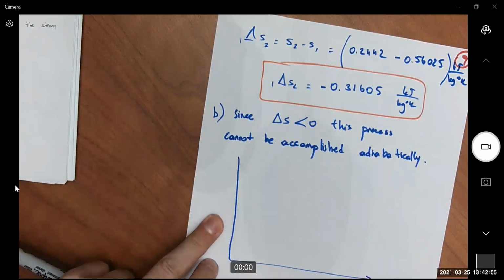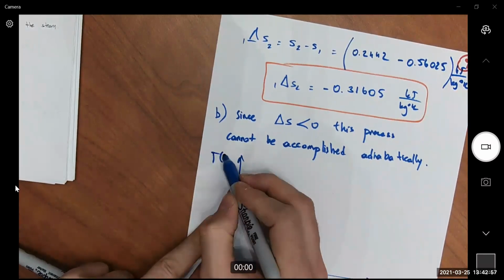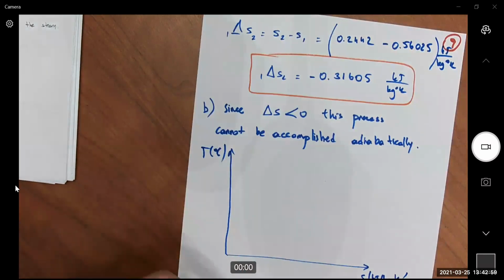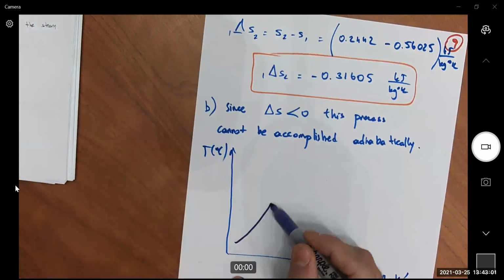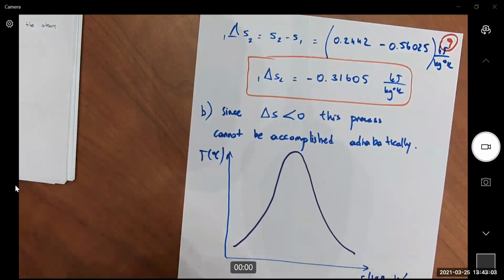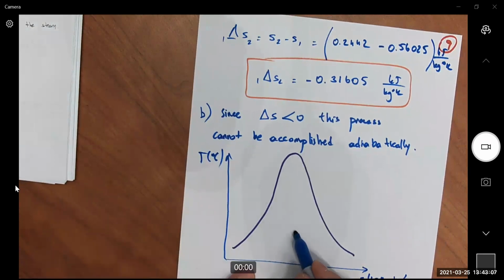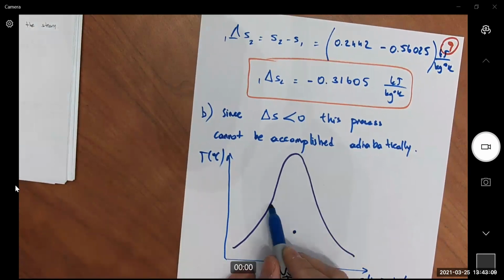Kilojoules per kilogram Kelvin and temperature. I'm going from here to here.